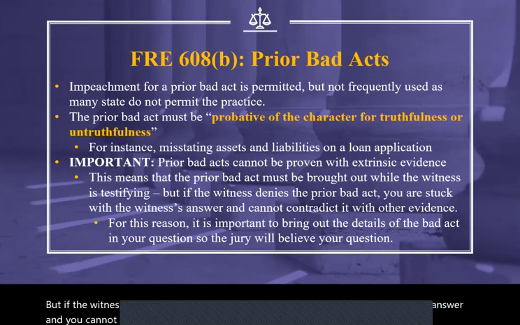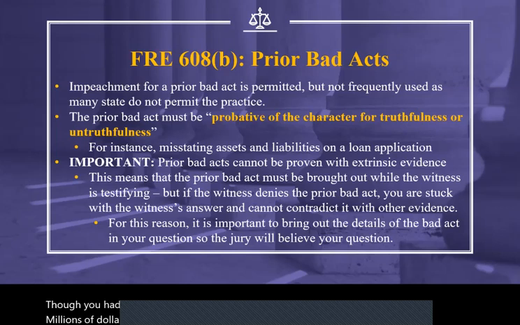So what we mean by this is you can get there and say, in 2010, you requested a loan, correct? Yes. And on that loan, you were supposed to list your assets and your liabilities, correct? Yes. And on that loan application, you said that you had no outstanding debt. Isn't that true? Yes. In fact, though, you had millions of dollars in outstanding debt.